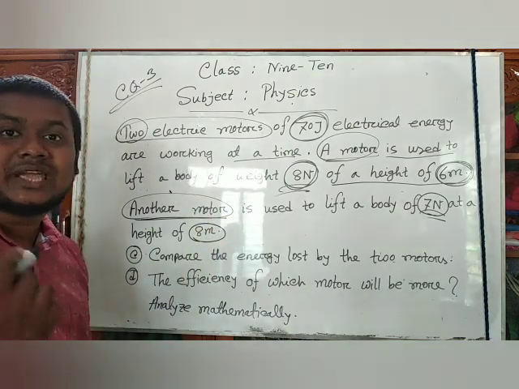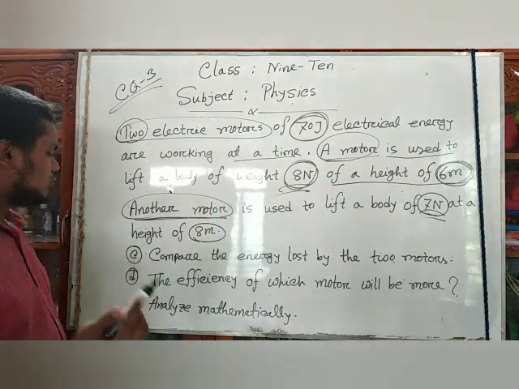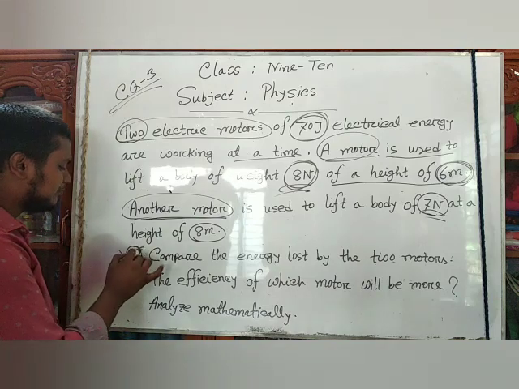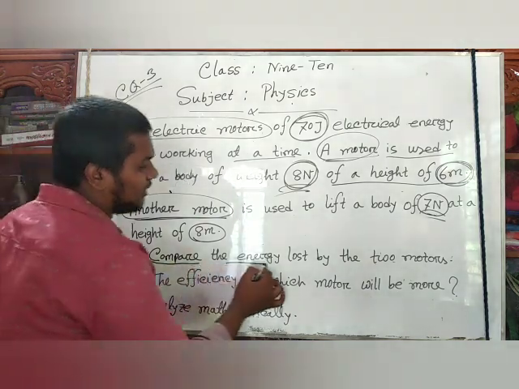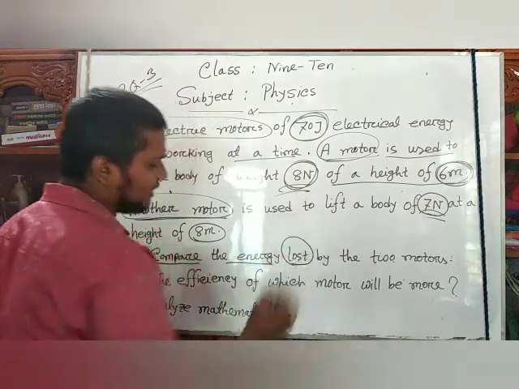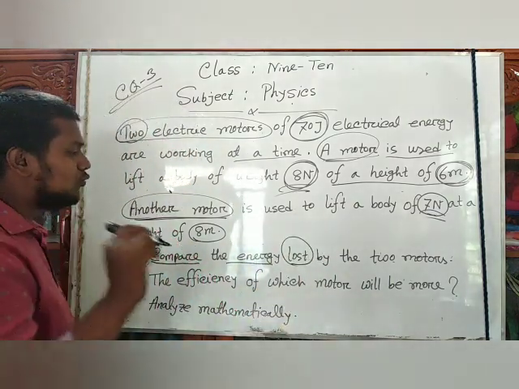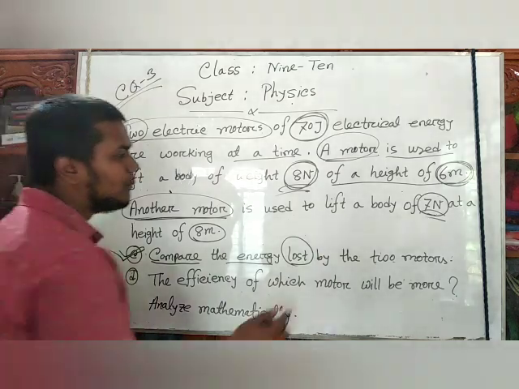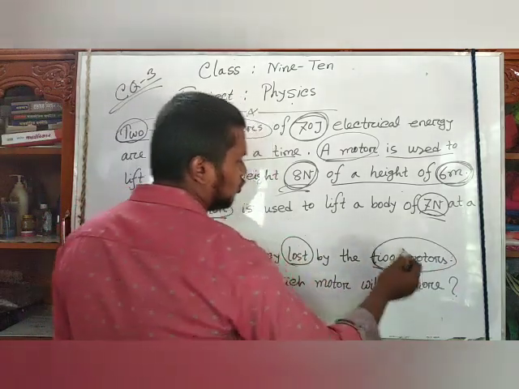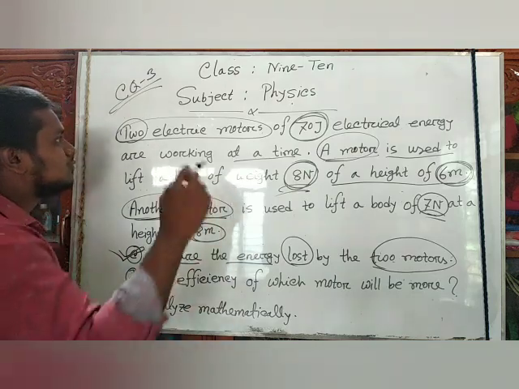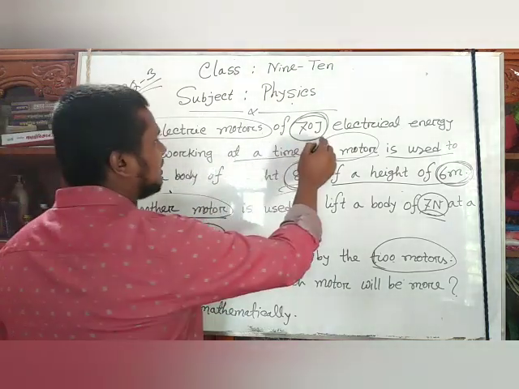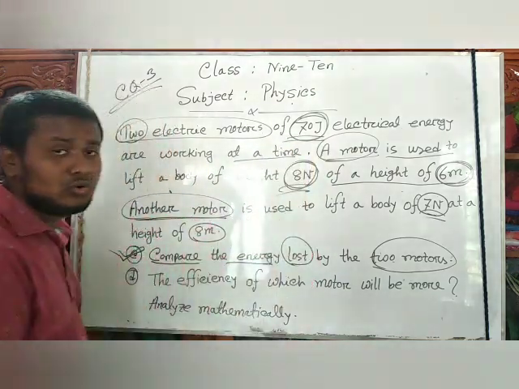So the question of C type is to compare the energy lost. Dear students, we need to find out the energy lost by the two motors. The total energy of each electrical motor is 70 joule.